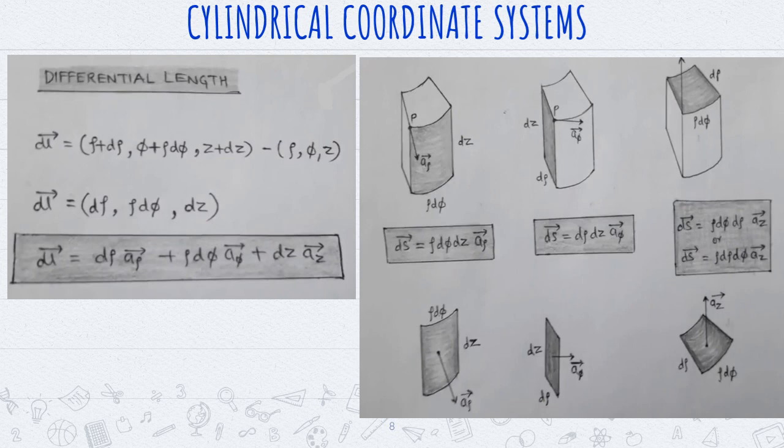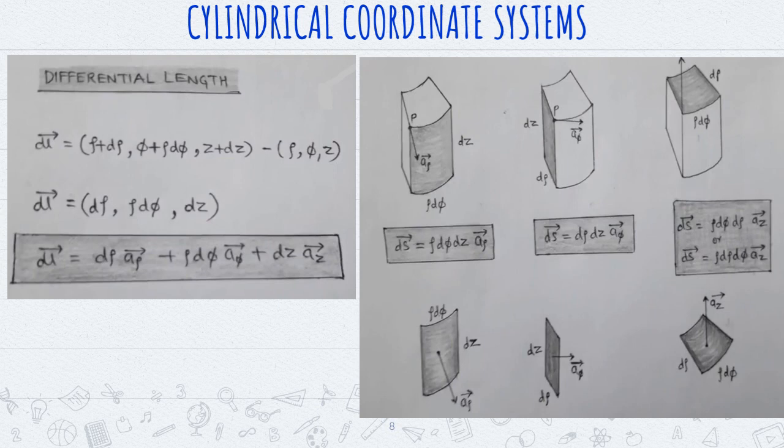The bottom side of the picture is the main projection diagram of a differential surface. The first one is along the a rho vector. This a rho vector is perpendicular to the two sides rho into d phi and dz.